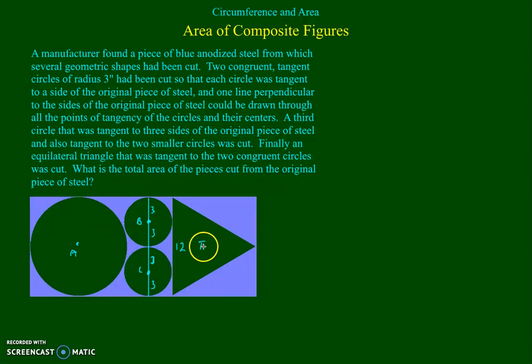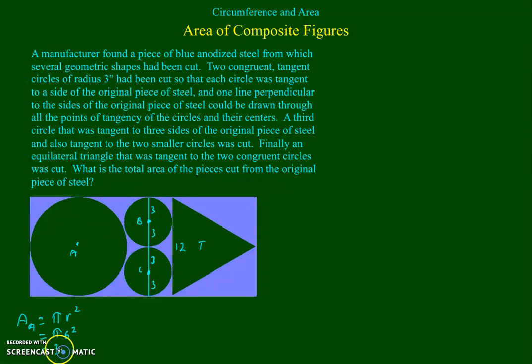We'll call that T. All right. So now down here we'll do the area of circle A. The area is pi r squared. The radius of this circle is the diameter of one of these, so this is going to be 6 squared.